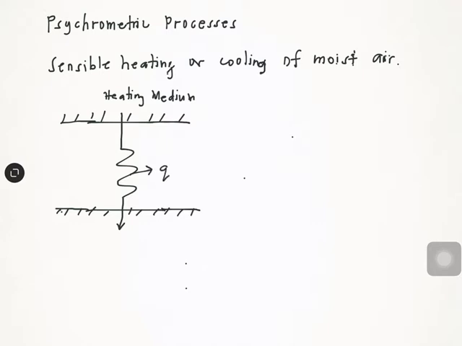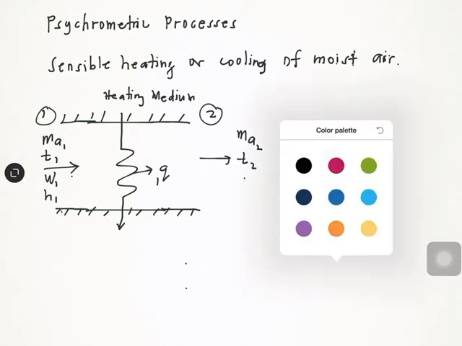So this is point 1 here, and this is your point 2. We have the mass of air 1, the temperature 1, W1, and the enthalpy 1, and at point 2, you have here mass 2, temperature 2, humidity ratio W2, and the enthalpy 2.